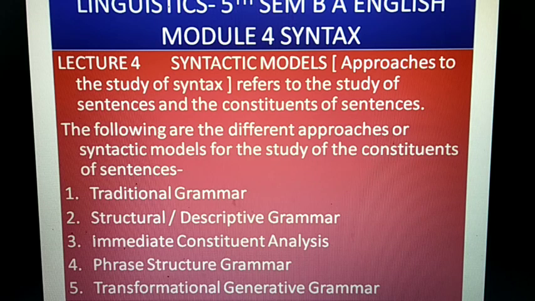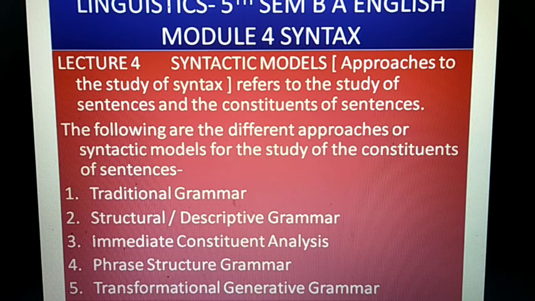Okay, and all these structural linguists came forward with different methods, and one such method is what is known as immediate constituent analysis. Immediate constituent analysis is a syntactic model or method which was advocated by the American linguist Leonard Bloomfield.